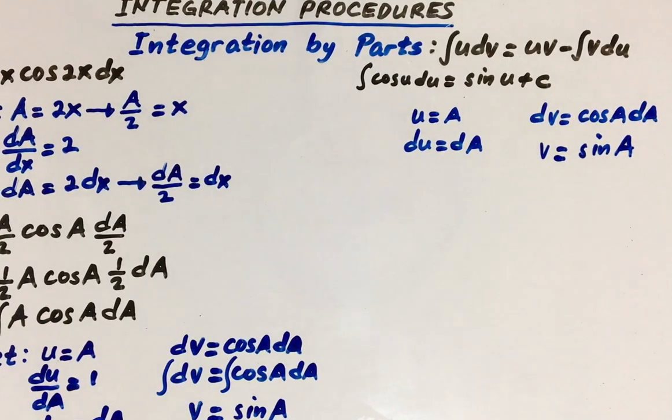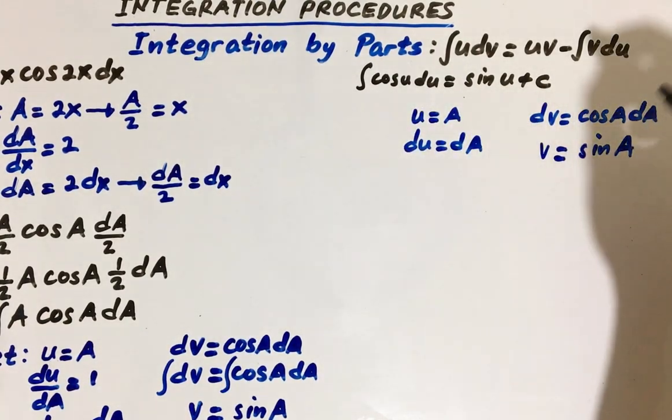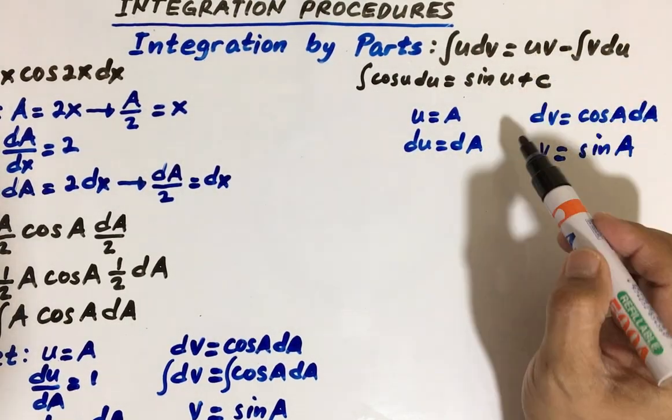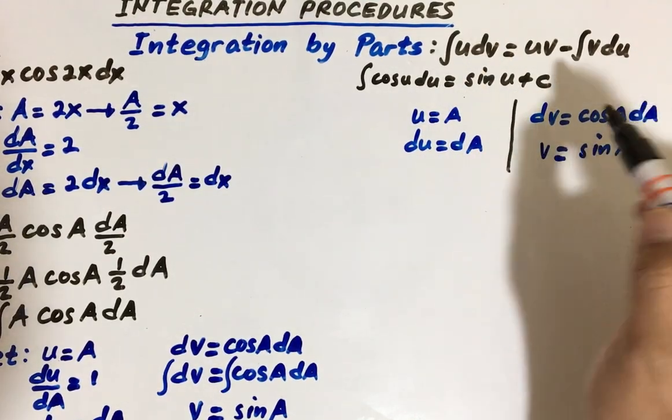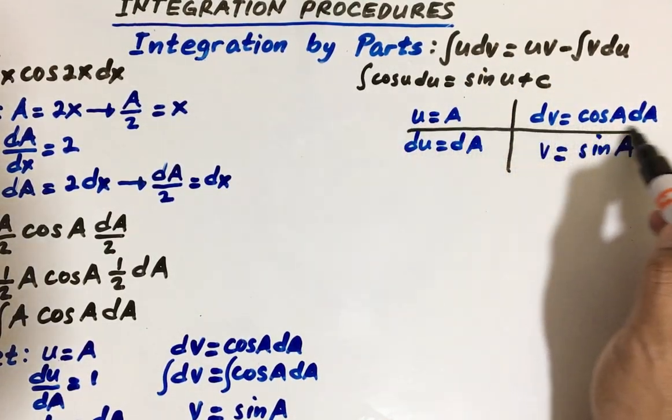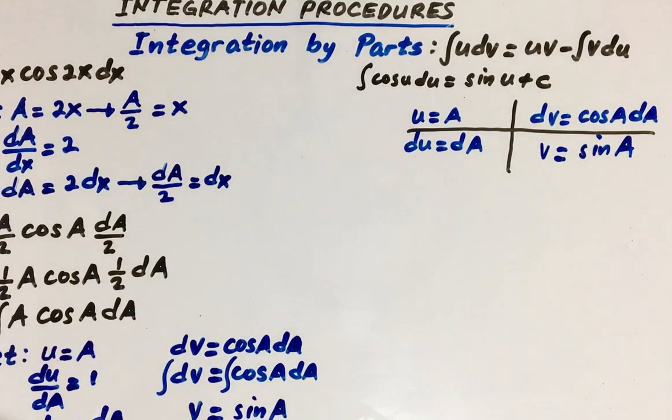And as I have taught you last time, to easily find the information that we are going to substitute in this formula, we draw a vertical line and a horizontal line.